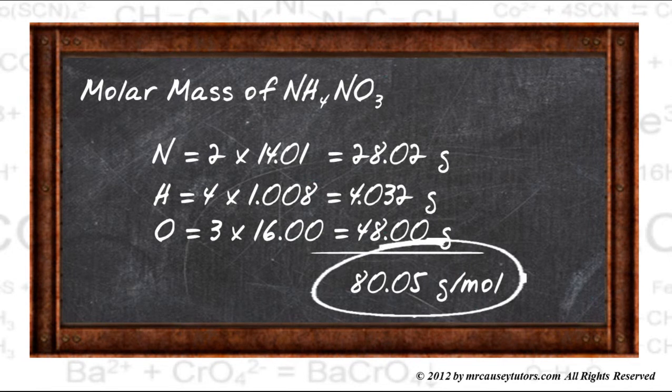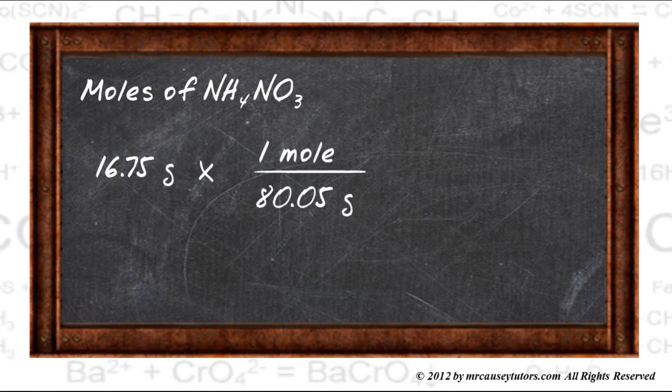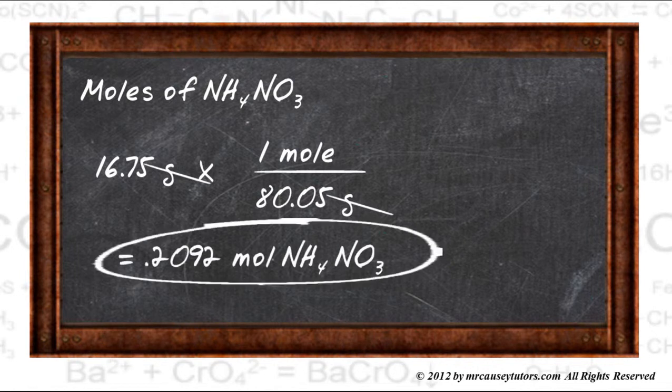Now, let's go and figure out the moles. If I know the molar mass, all I have to do is take my grams and multiply it by the molar mass. Now you notice that we flipped it over because we want grams to cancel out. But now that's going to give us 16.75 times 1 divided by 80.05. And if we plug and chug that, that gives us 0.2092 moles of ammonium nitrate.